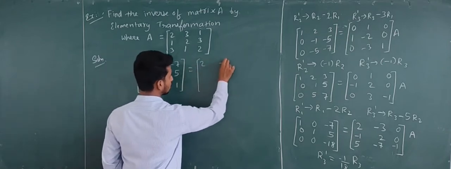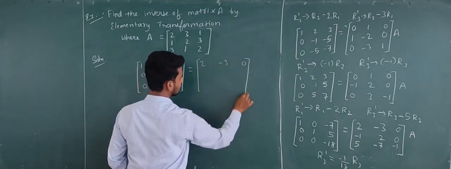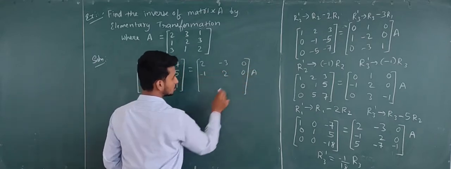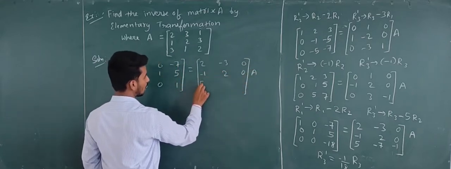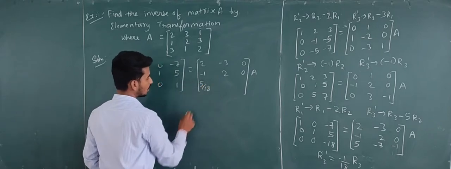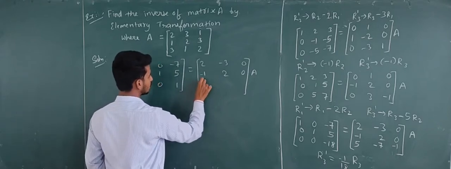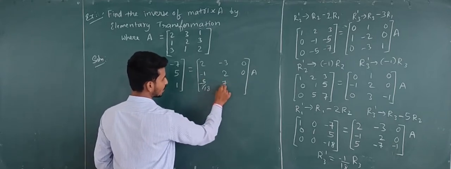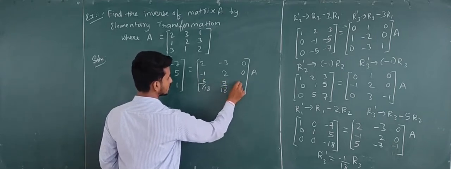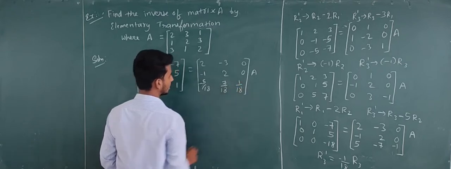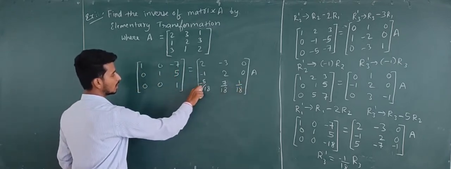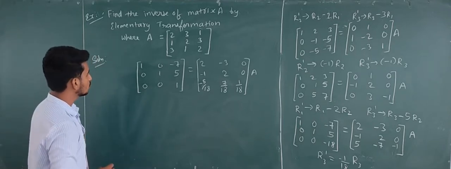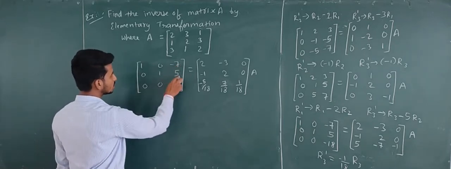So this is 2 minus 3 0, this is minus 1 2 0, so this will be minus 5 by 18, plus 7 by 18, and 1 by 18. Minus 5 by 18, 7 by 18 and 1 by 18. So next we have to make this term 0, and this term 0.